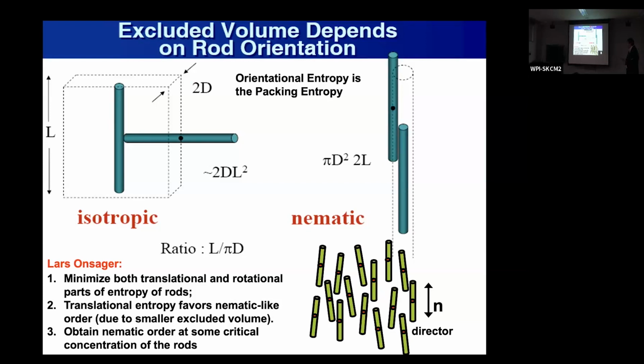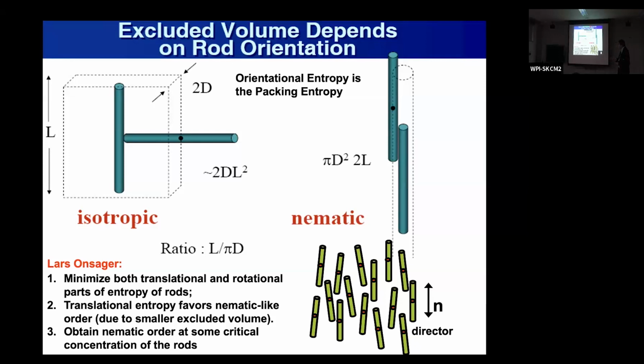And now, as we would imagine that two of these rods would be in orthogonal orientations relative to each other as depicted here, you can see that there is a large excluded volume, where the center of mass of this second particle cannot enter because of the presence of this first particle, right?